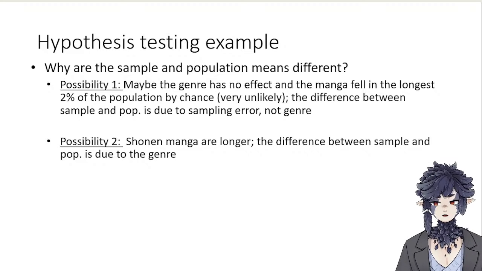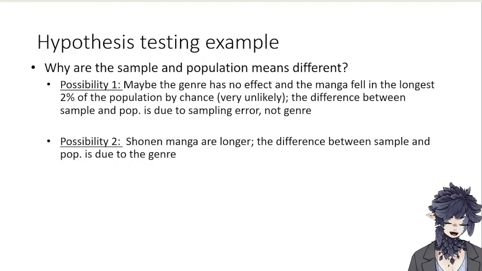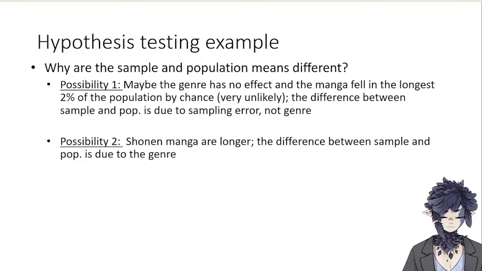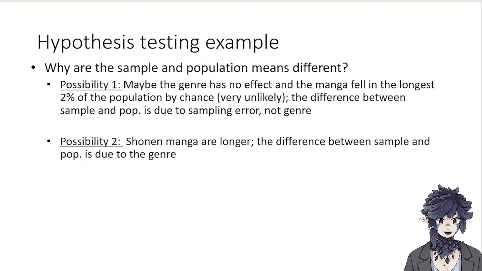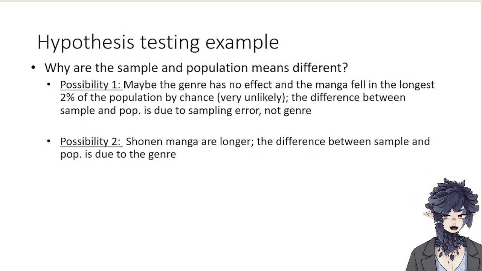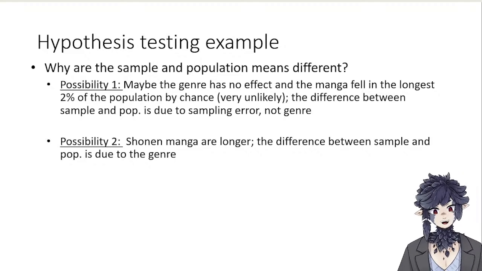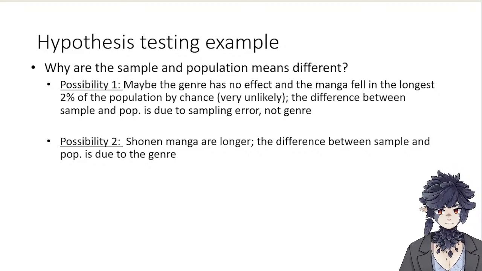The other possibility is that the reason that we found that shonen manga were on average 4 volumes longer than other manga is because there is a difference, that shonen manga are, in fact, on average longer. So possibility one, that those two means are different, is that it was a fluke, it doesn't mean anything. Possibility two is that, hey, it actually does mean something.